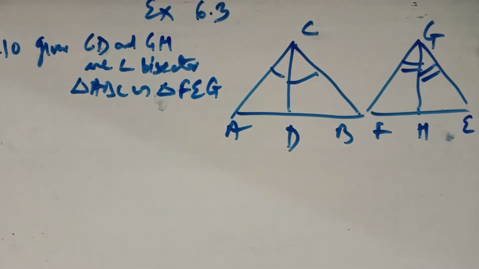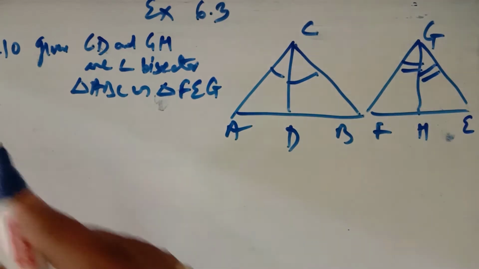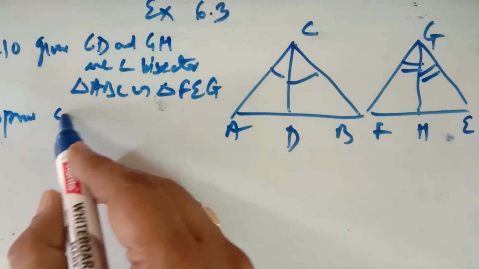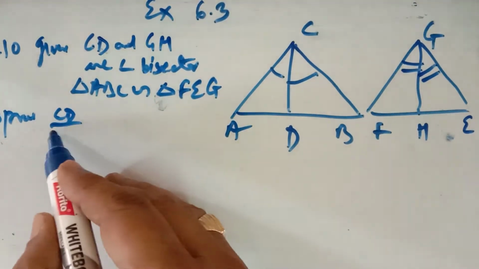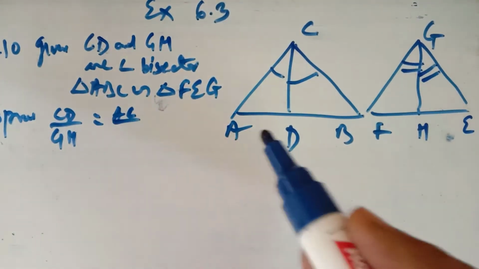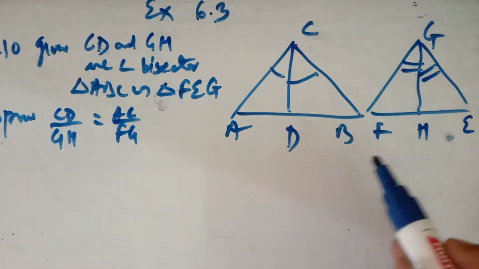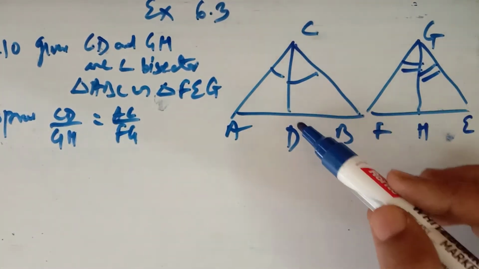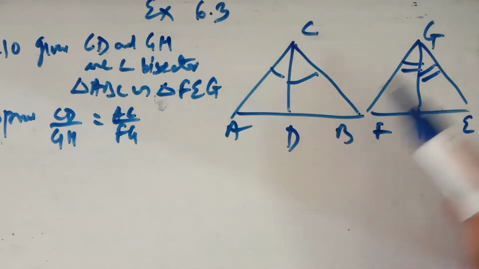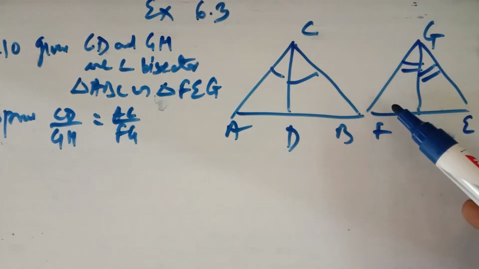See the corresponding sides very carefully, and you have to prove that CD upon GH is equal to AC upon FG. That is CD upon GH is equal to AC upon FG. You have to prove it.